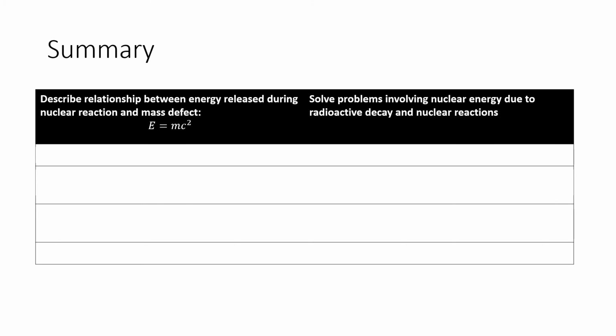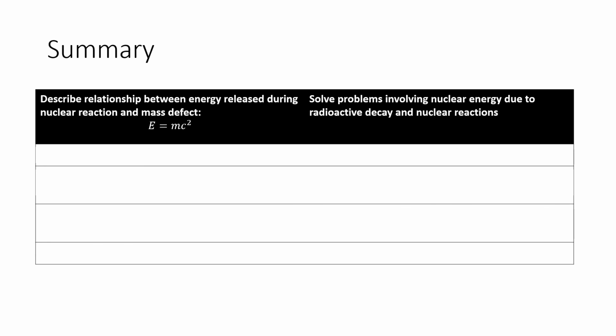Before I end our lesson, let's look at the summary of what we learned today. There are 2 learning standards that you learned today. The first one is to describe the relationship between energy released during nuclear reaction and mass defect, which can be expressed as E equals mc squared.